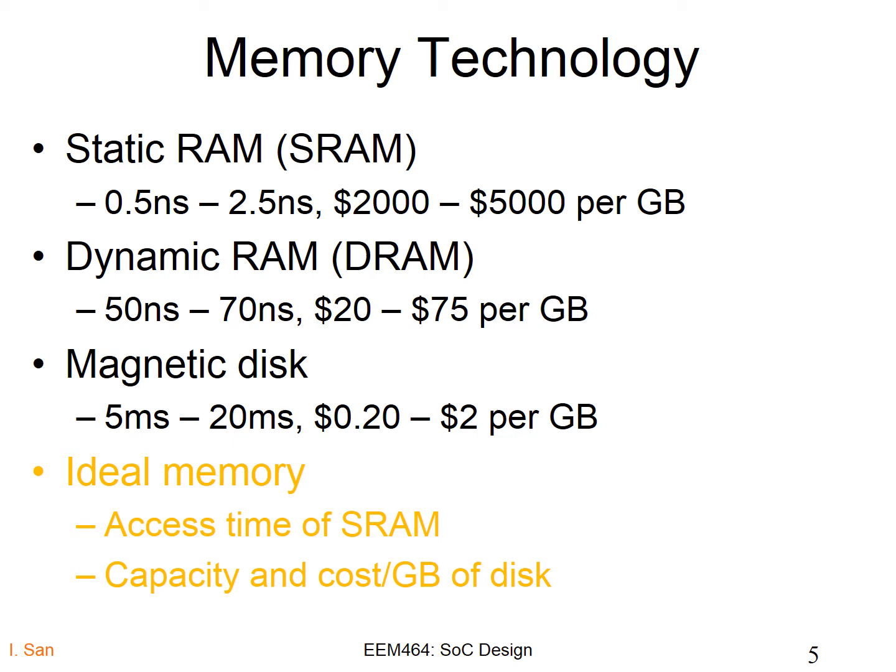But you can create a memory hierarchy consisting of static RAM, dynamic RAM, and magnetic disk, and by understanding your memory accesses, you can approximate the ideal memory if your application has a lot of data reuse and good regular patterns.